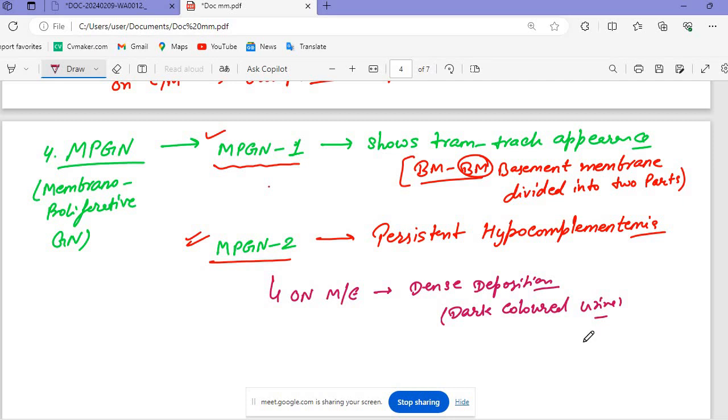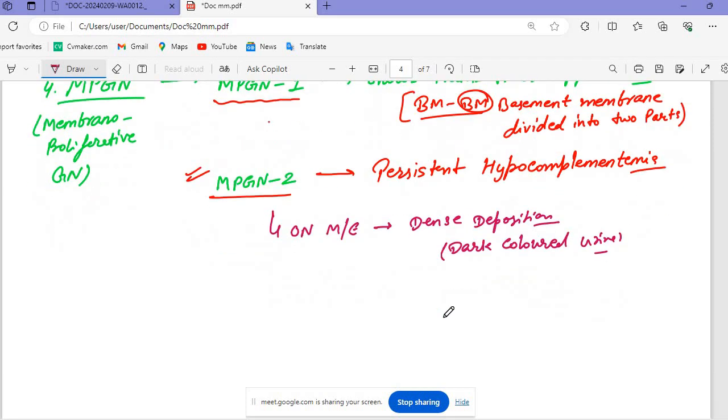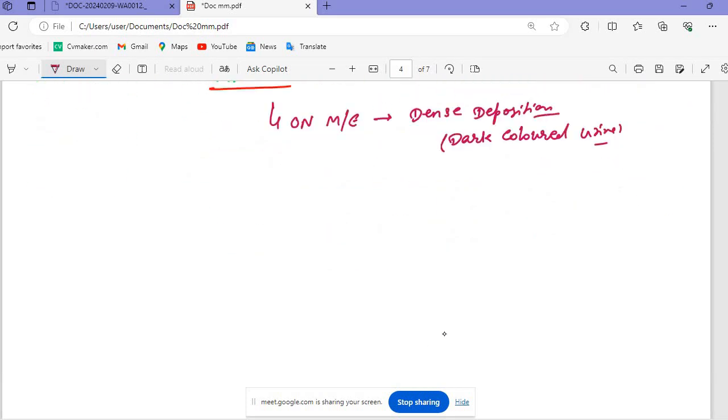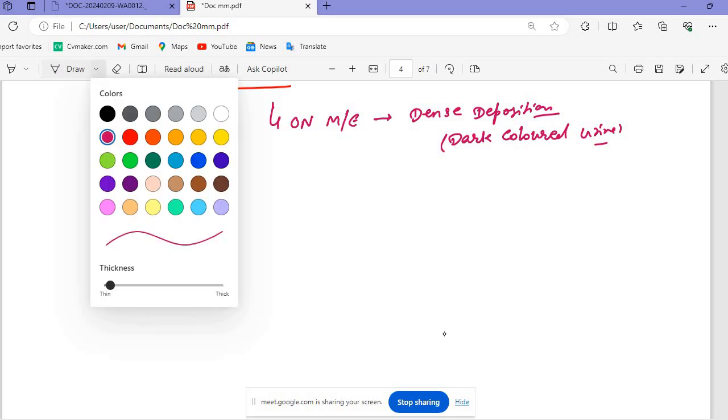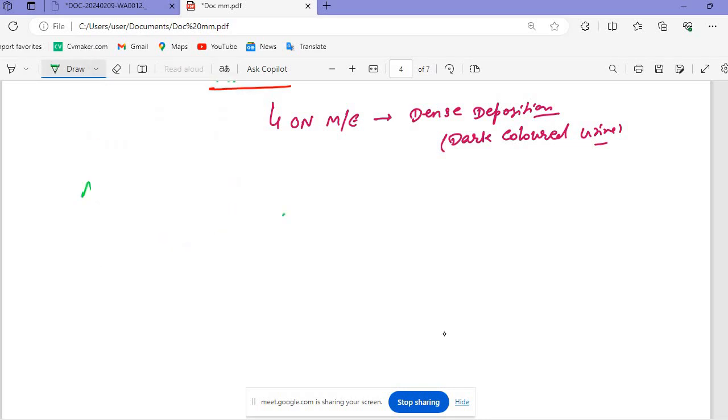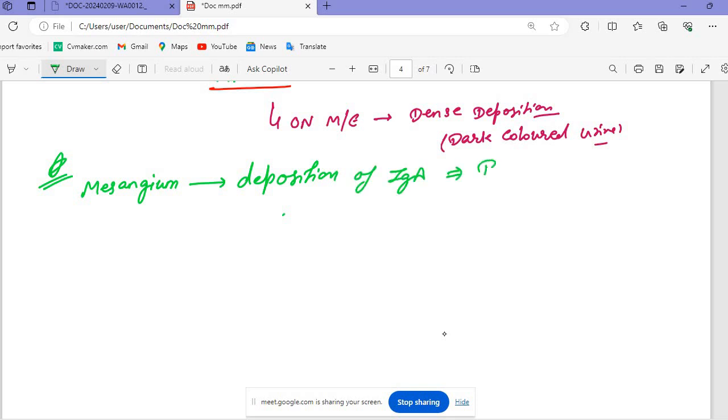Now tell me, in the mesangium there is a deposition of, like a quick summary you can write, IgA, and this is in Berger's disease.